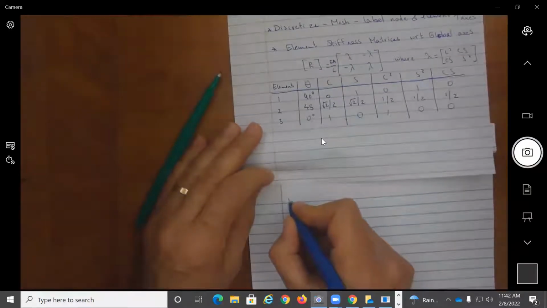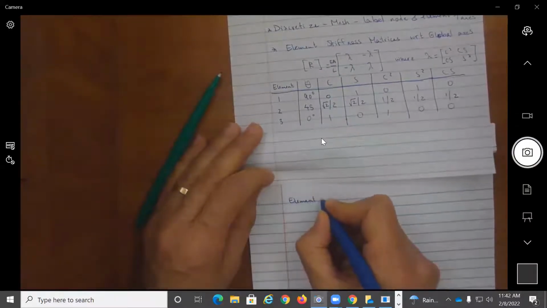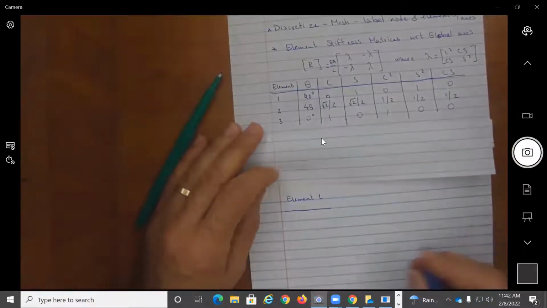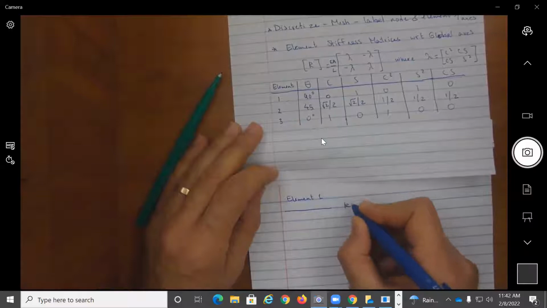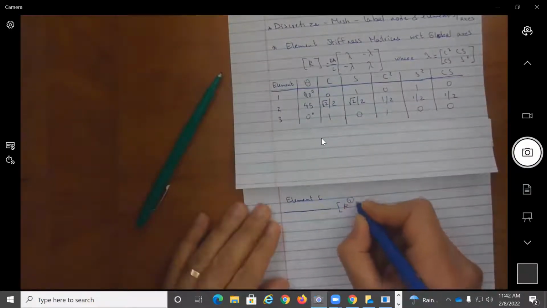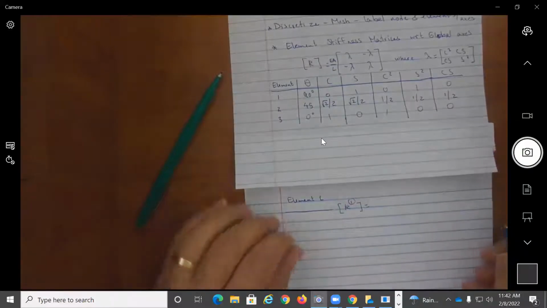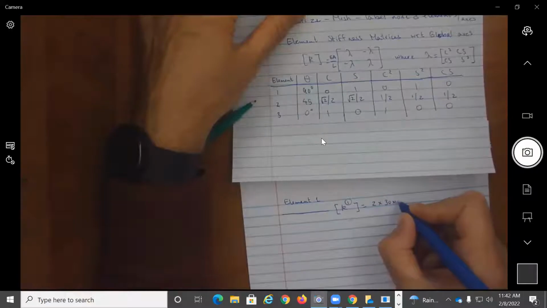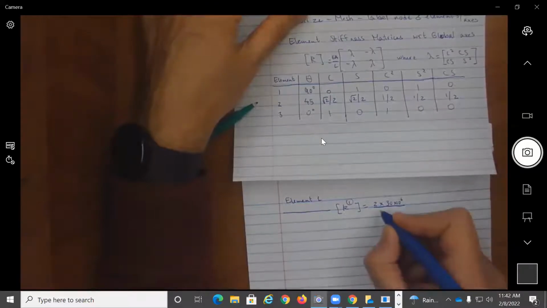So I'm going to start with element 1. K for element 1 is equal to EA over L. So I have here the 2 times 30 times 10 to the power 6 divided by the length, which is 10 times 12.